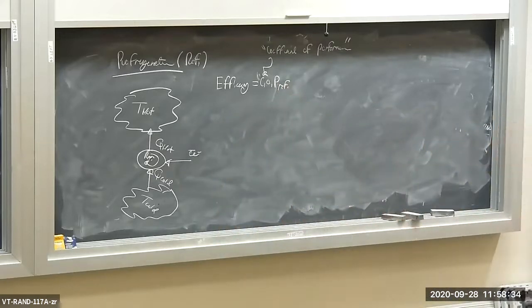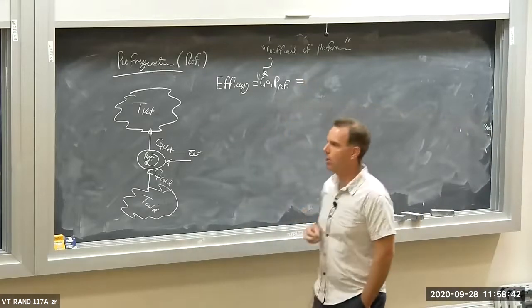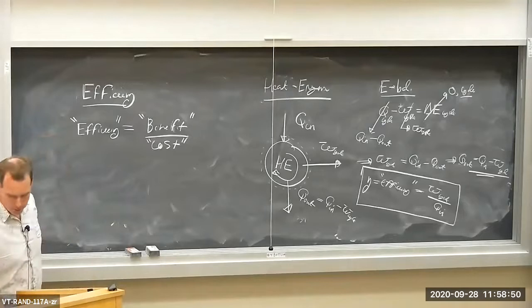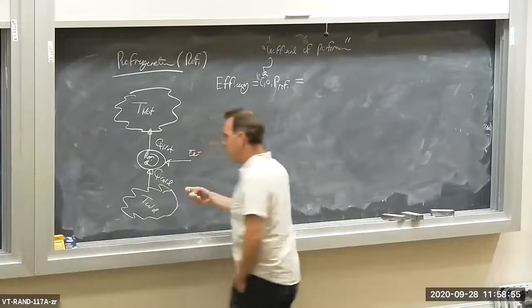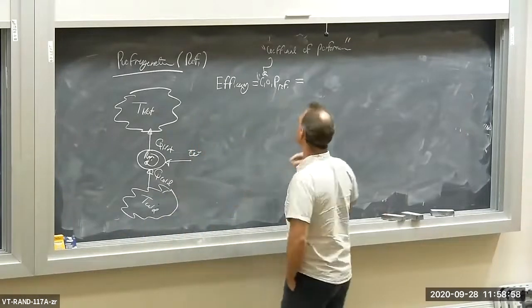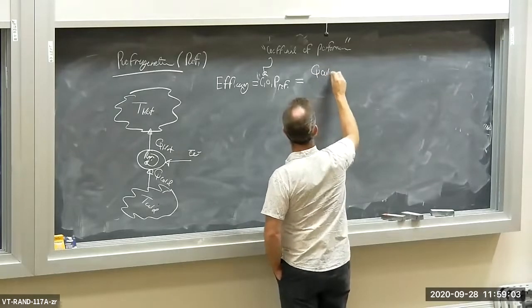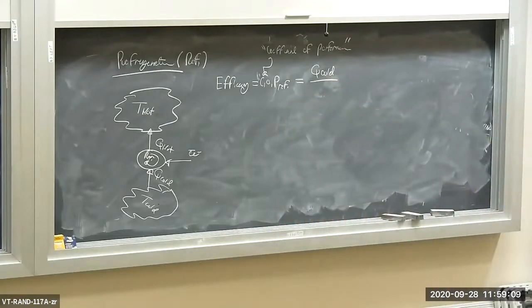So efficiency for a refrigerator is called the coefficient of performance, and it's equal to a benefit over a cost. Remember, efficiency in general is defined as a benefit over a cost. So for a refrigerator, what's the benefit? The benefit is the heat transfer from the cold place, Q cold. A refrigerator is meant to cool a cold place, keep a cold place cold.